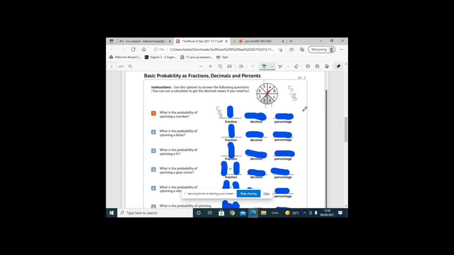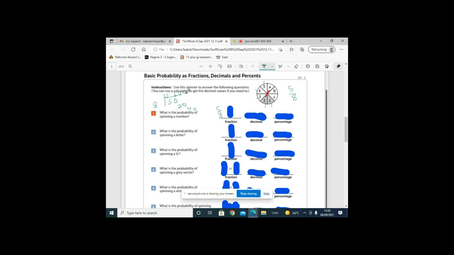So I can now change this fraction to a decimal, like I taught you. You put 8 here, then you put 5 here. How many 8s in 5? 0 point. How many 8s in 50? 6, remaining 2. How many 8s in 20? 2, remaining 4.